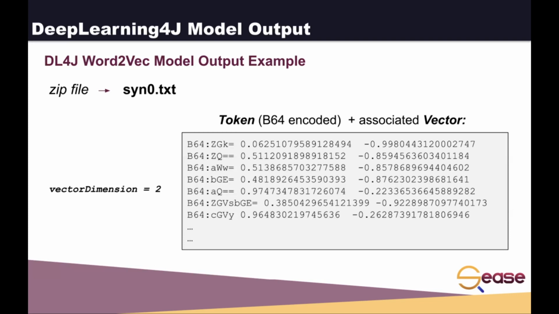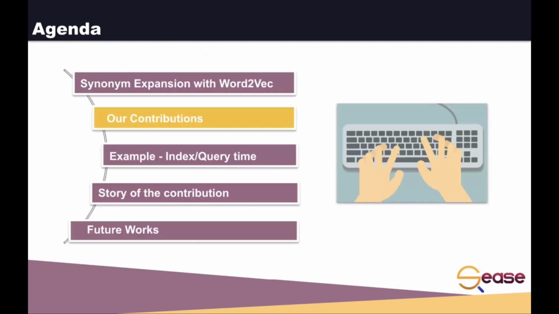This vector is structured so that if we have terms with closer meaning, the vectors are also closer to each other, so they have a high cosine similarity between them. In this example, the dimension is small just to show it on this page, but we normally use higher dimensions.